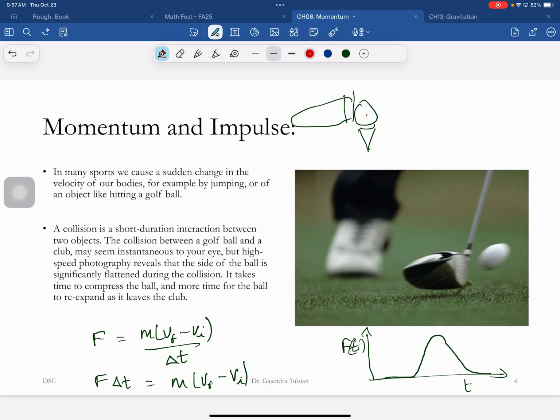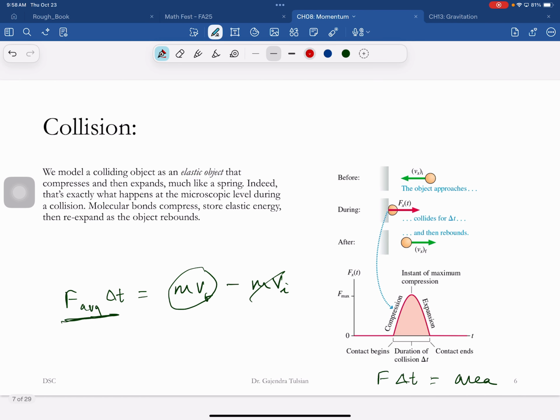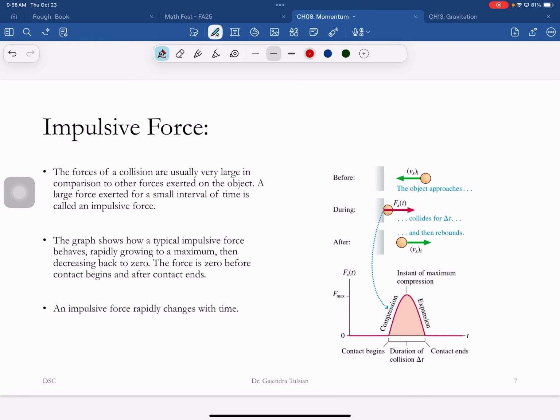There's the weight of the ball, the normal force, the friction force, but the force that the club exerts is so much larger than any other force that this is the only force we need to talk about. And that's an impulsive force. So this shows how a typical impulsive force behaves, rapidly growing to a maximum, then decreasing back to zero.